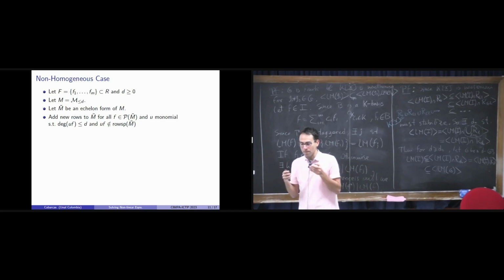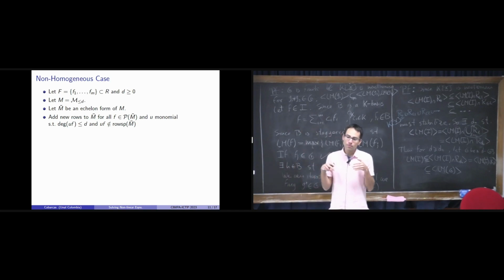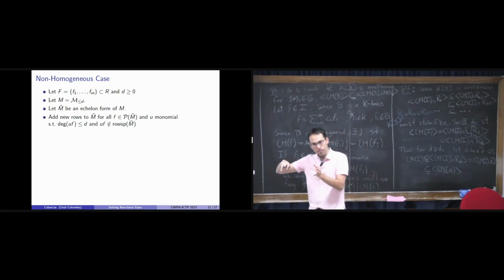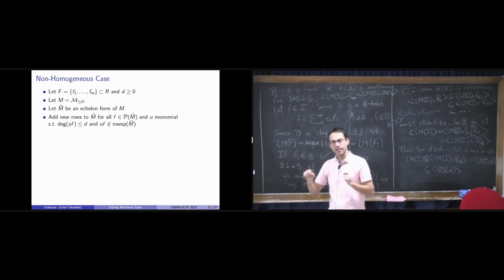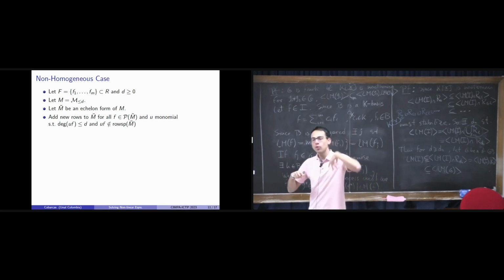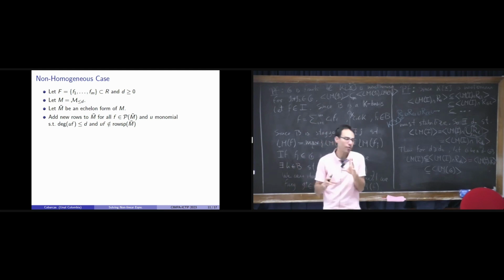So what we're doing here is when polynomials drop in degree, we multiply them before we go to a further degree. And this way we're kind of saturating the degree D.